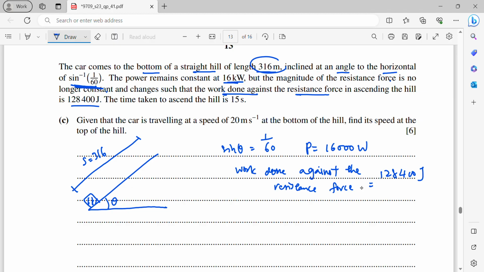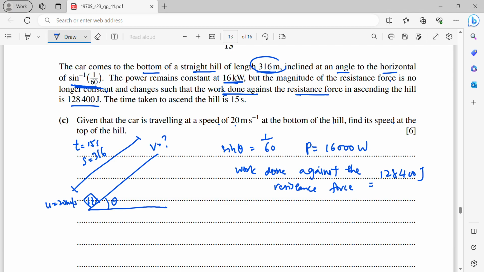The time taken to ascend the hill is 15 seconds, so t equals 15. Given the car is traveling at speed 20, so u equals 20 meter per second at the bottom of the hill. Find its speed at the top. What is the v here?